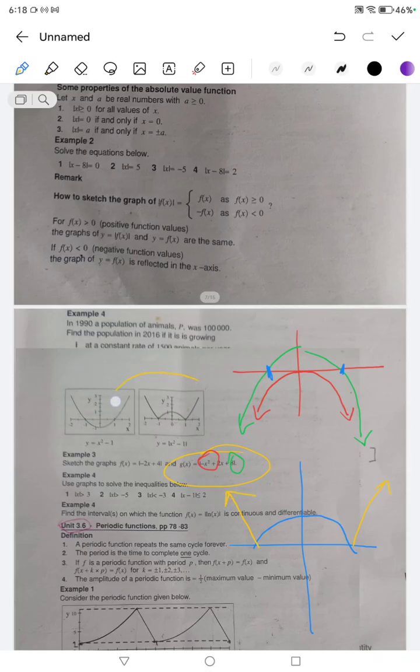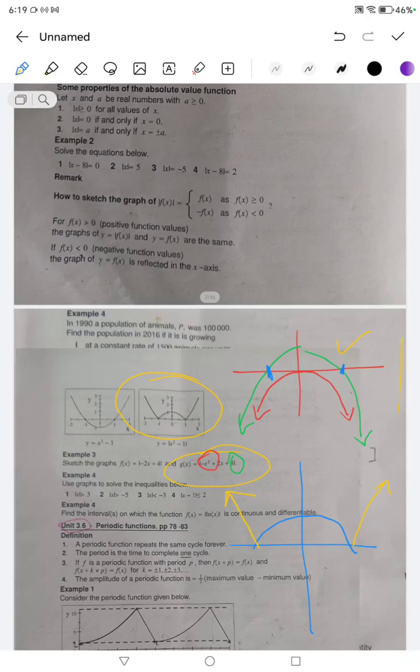So we're going to have something similar to this one. As I said, the normal way it's supposed to look is like this if it didn't have those absolute brackets. But like I said, when you take the absolute value of any function, any negative values get reflected to the positive portion, which is this upper side.